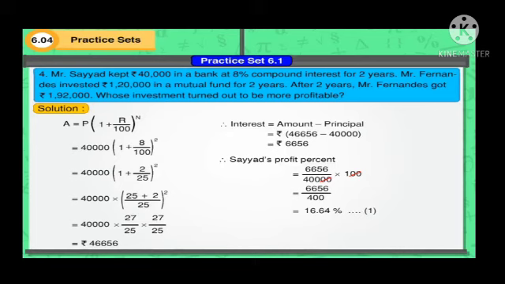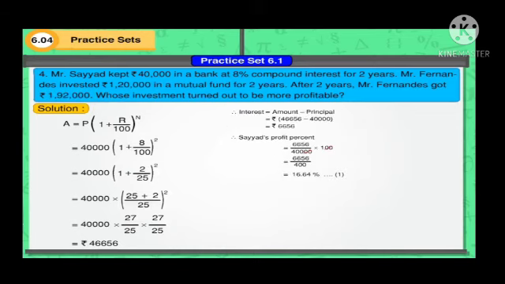Now students, let's see Mr. Fernandez. Mr. Fernandez invested rupees 1,20,000 in a mutual fund for 2 years, and he received 1,92,000. Now Mr. Fernandez's profit earned is equal to rupees 1,92,000 minus 1,20,000, which is equal to rupees 72,000.